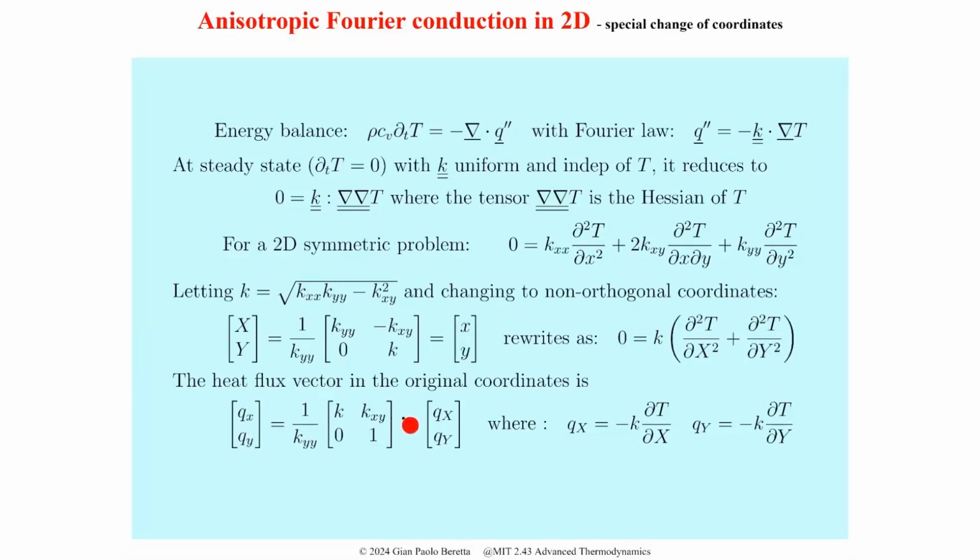Also here I have to correct this, it shouldn't be an equal sign, it's just a multiplication sign, and it gives the flux component in these new non-orthogonal coordinates, and they are related through that conductivity directly, so there are no off-diagonal terms. Okay, so this is just a useful change of coordinates.